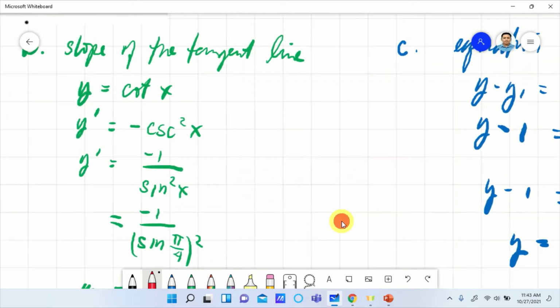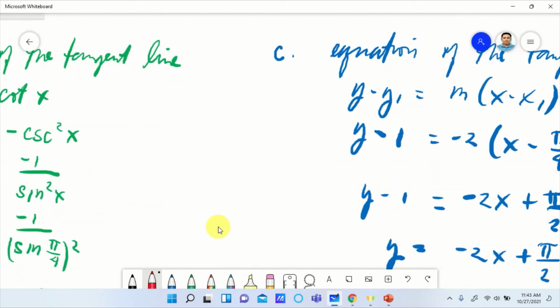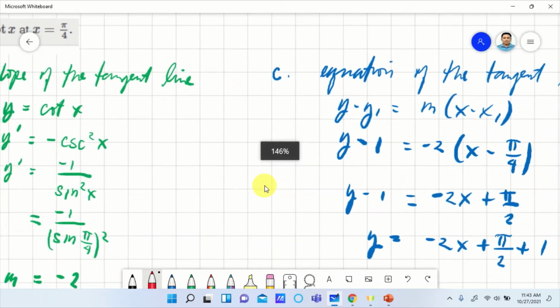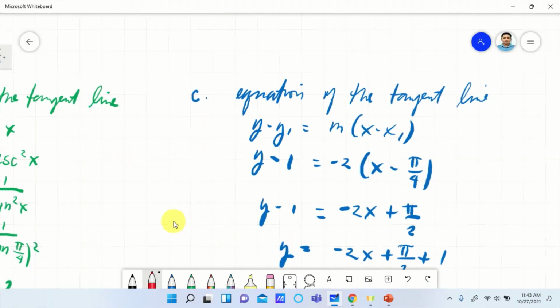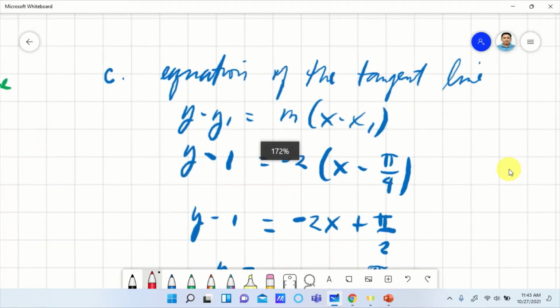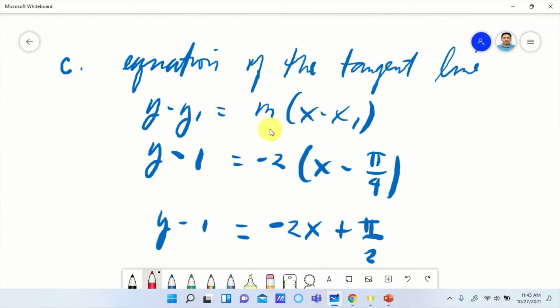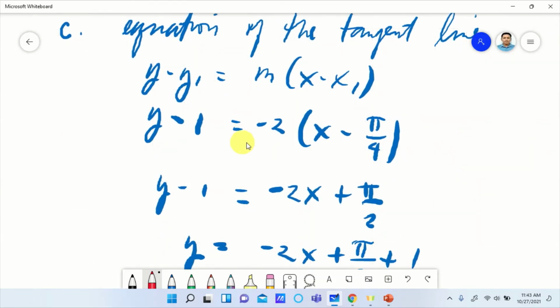And now we use the slope of the tangent line and the point of tangency in getting the equation of the tangent line. You are aware that the point slope form of a line is y minus y sub 1 is equal to m times the quantity of x minus x sub 1. So here you have y minus 1 is equal to negative 2 times the quantity of x minus pi all over 4. Your y sub 1 is 1, your x sub 1 is pi all over 4, and your slope, of course, is negative 2.